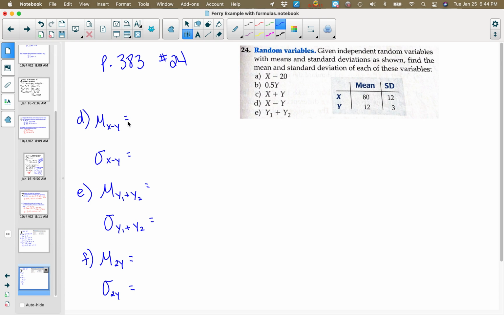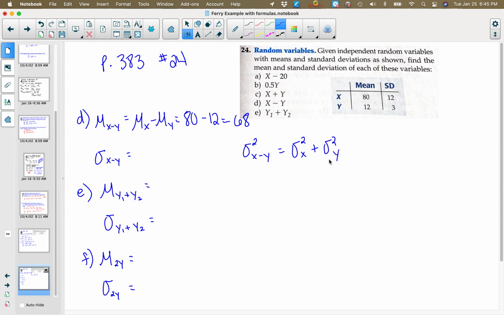All right, so mu sub x minus y. We're just going to take mu sub x minus mu sub y. So we get 80 minus 12, because that's the mean of y, and we get 68. However, this one, we can't find the standard deviation. We have to find the variance of x minus y, and that's equal to the variance of x plus the variance of y.